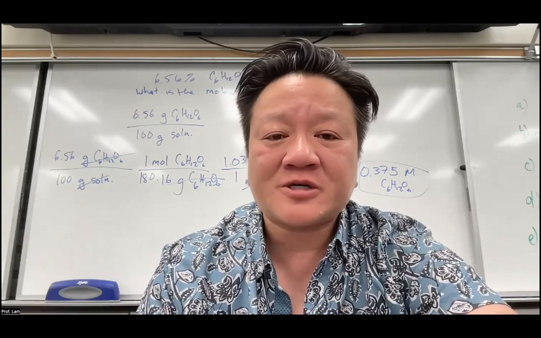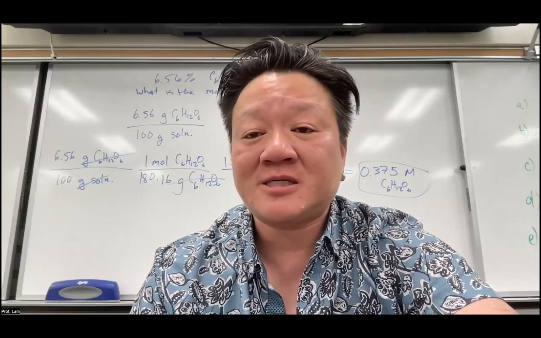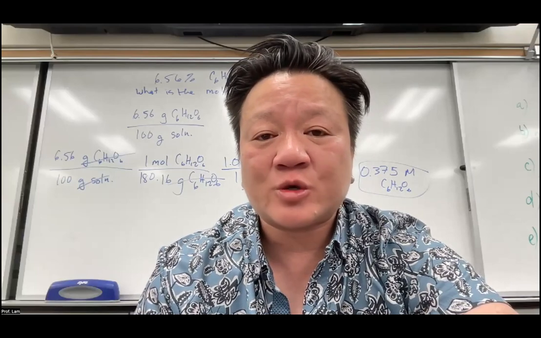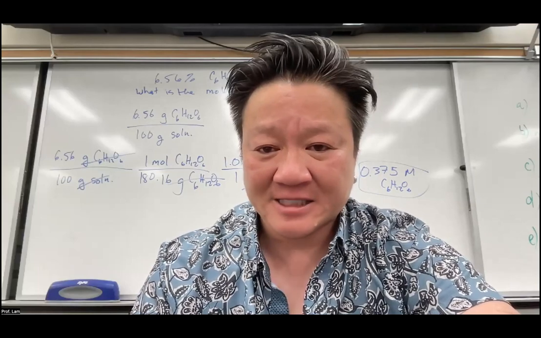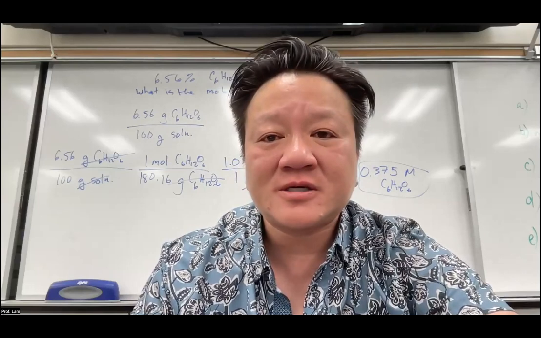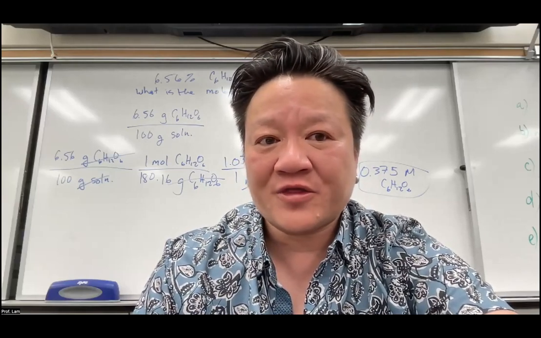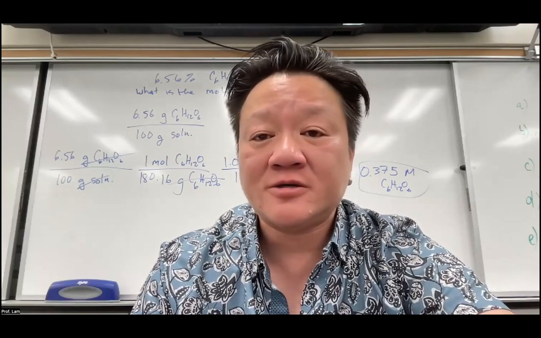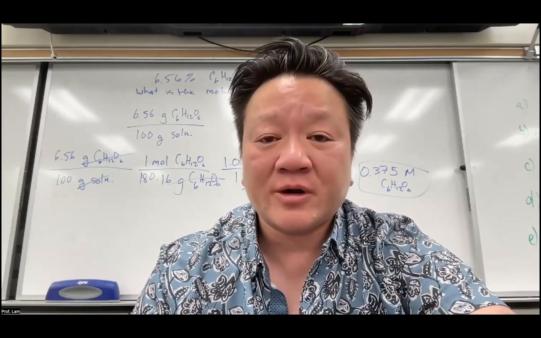The partial pressure of the solvent in a solution is the mole fraction of the solvent times its normal vapor pressure. So it gives you the normal vapor pressure of water here, 23.8 torr. Now we need to get chi solvent, the mole fraction of the solvent. We'll have to get moles of the whole thing, and that's the denominator. Then we get moles of the sucrose, and that's the numerator. That's how we get the mole fraction. And then times 23.8.